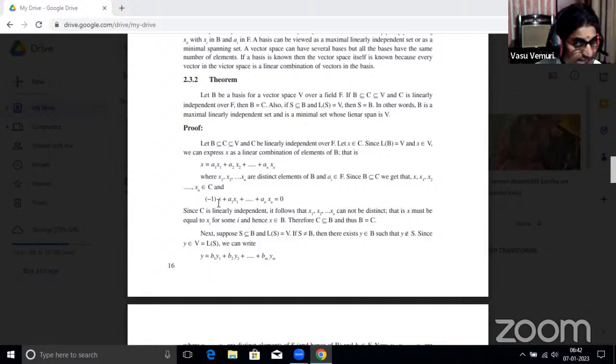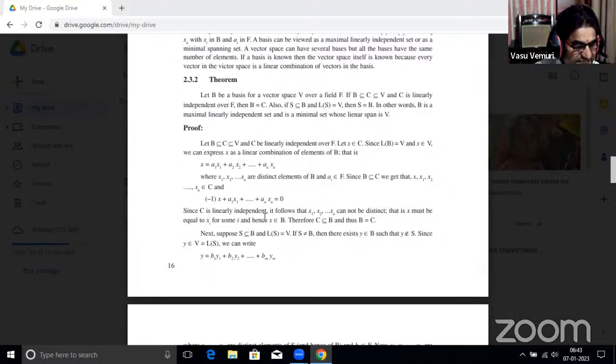Minus x can also be represented as minus 1 into x, plus a1 x1, a2 x2, and so on up to an xn. Now x can be shifted to the right side, so minus 1 into x plus a1 x1 plus a2 x2 and so on up to an xn equals 0.